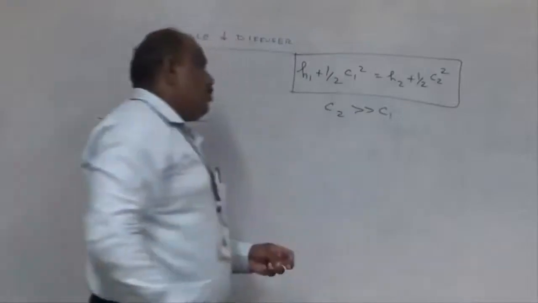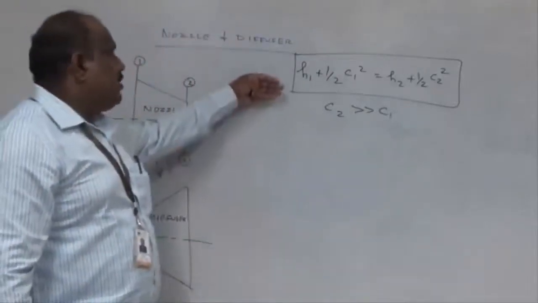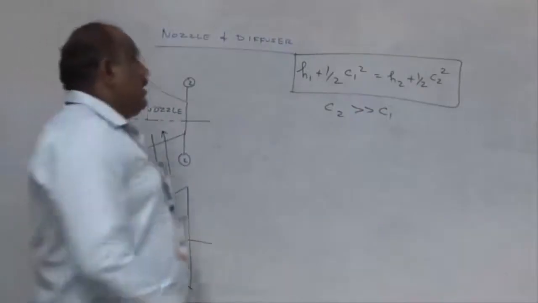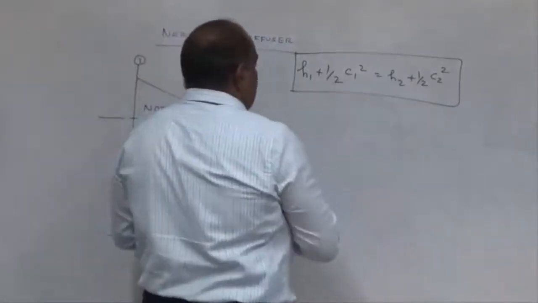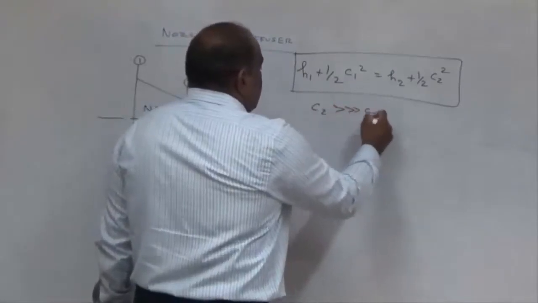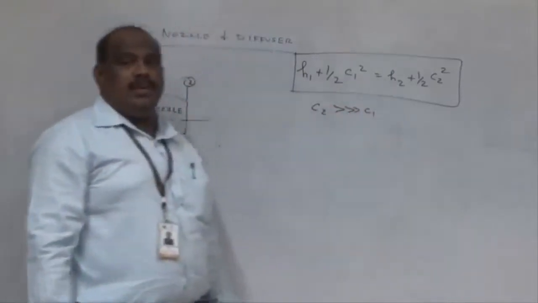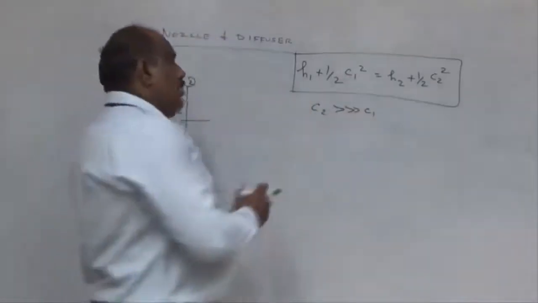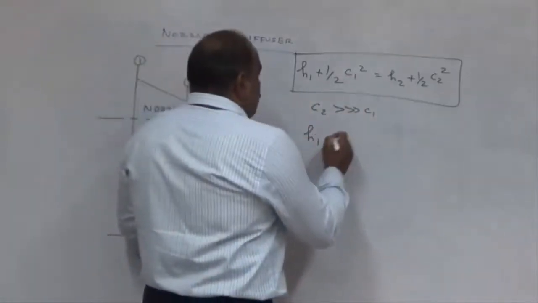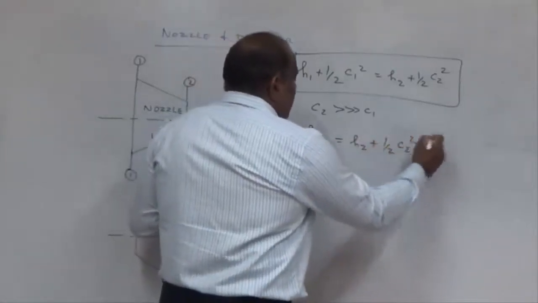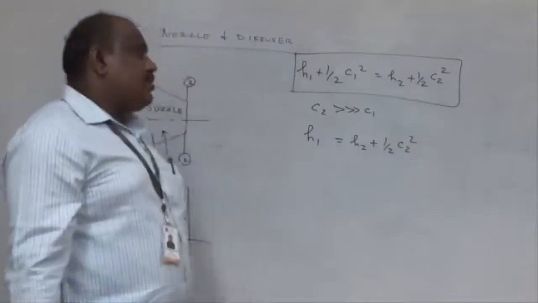So you know how to derive the steady flow equation for the nozzle and diffuser and how the terms have been interpreted. Now let us move to the nozzle. Compared to the value of C2, the value of C1 is generally negligible. So the equation becomes h1 equal to h2 plus half C2 square. From this, what is our objective?